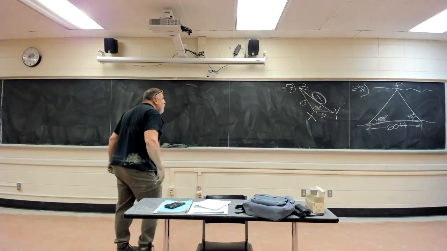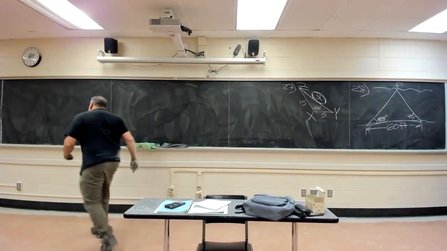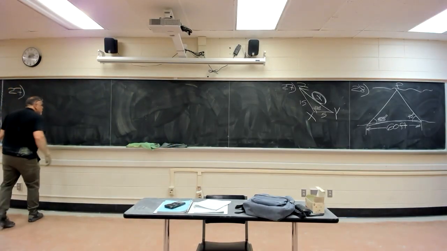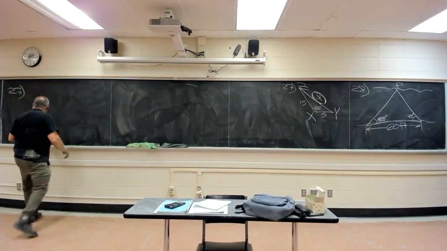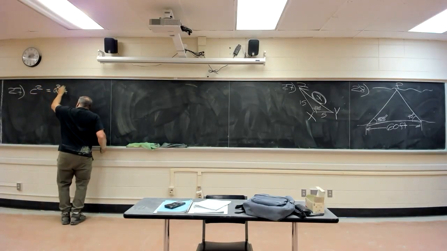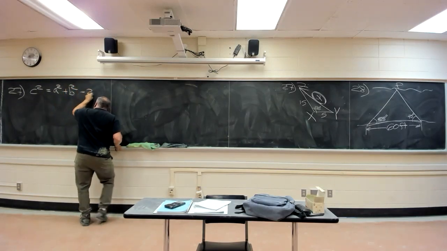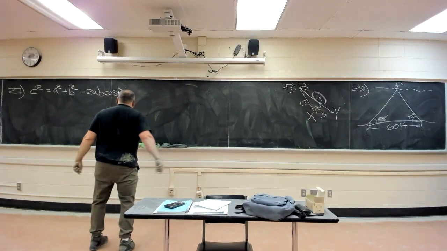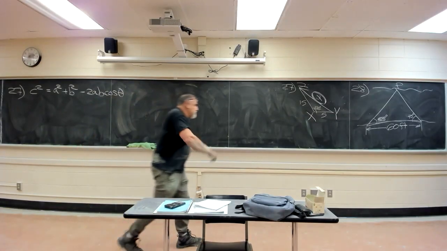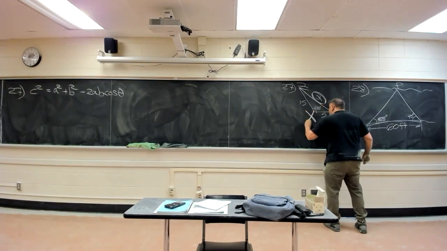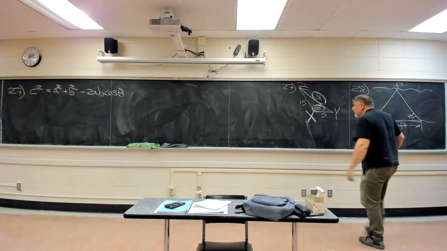So what we're looking at for this one, typically the way it is, c squared equals a squared plus b squared minus 2ab cosine of some kind of theta, some kind of angular measurement that's there. In this case, the angular measurement is the angle big X, which is 130 degrees.